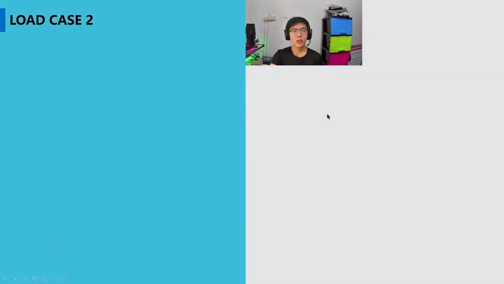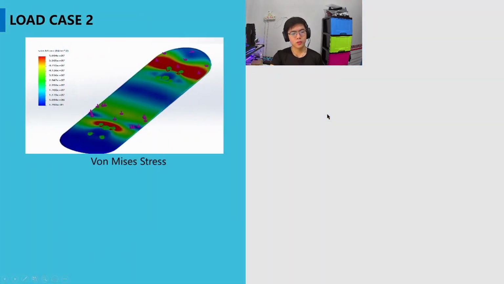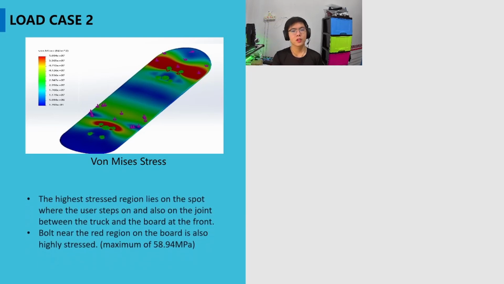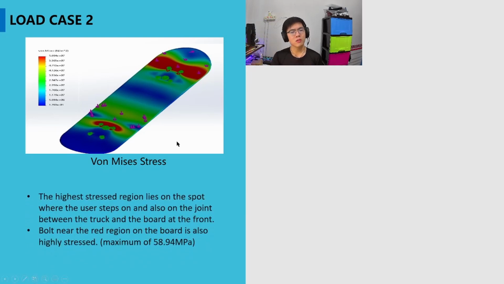So when we run the simulation for von Mises stress, we found that there are three red regions. One at the place where the user steps on, which is at the lower end, one at the middle front, and another one at the bolt itself. So the highest region lies on the spot where the user steps on, and also on the bolt here, which is all shown in red color.